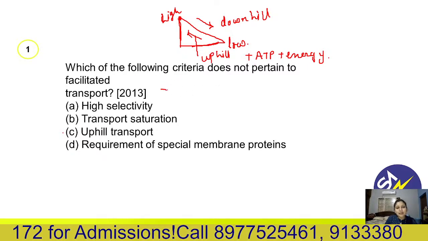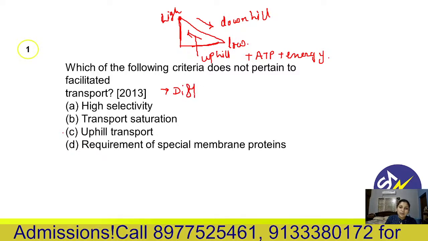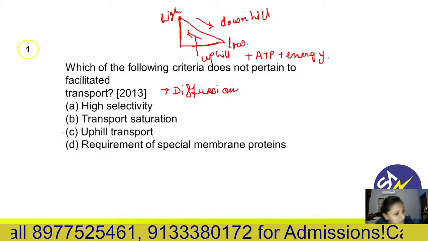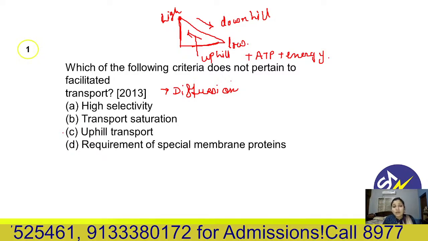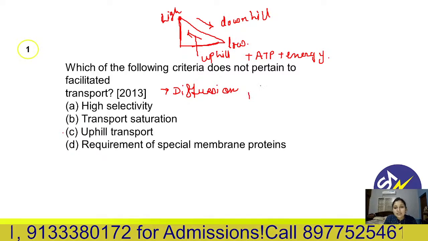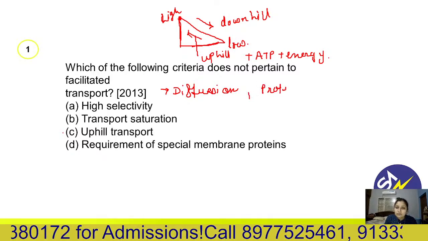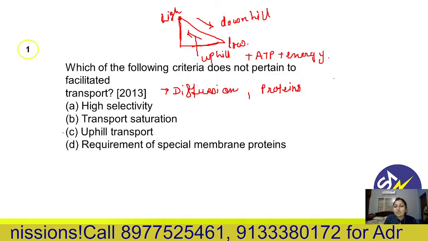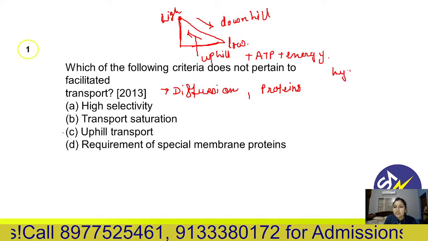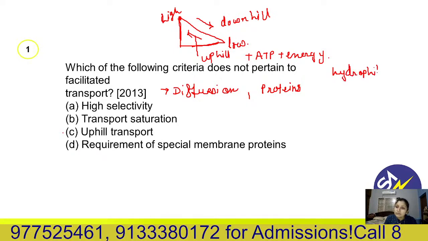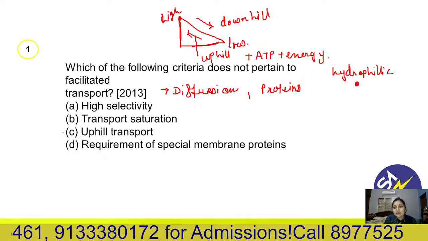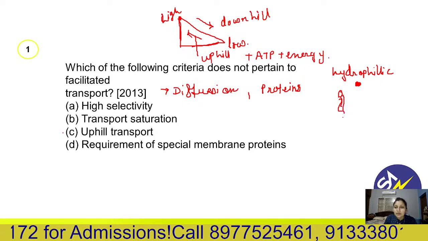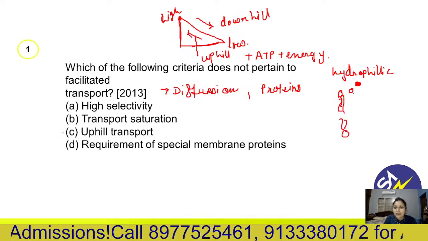transport is a type of diffusion only. It is a type of diffusion which is highly selective because proteins are involved here. Proteins are involved because anything you need to transport with a hydrophilic moiety, for example, this is a substance which is hydrophilic and you want to transport it across the membrane, which is made up of a lipid bilayer like this.